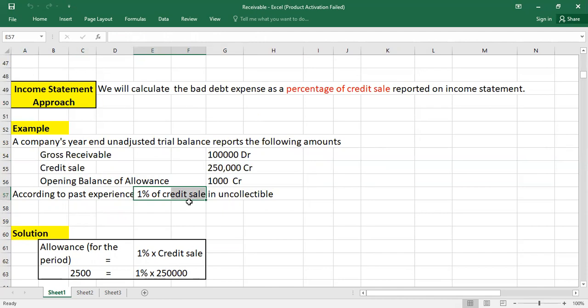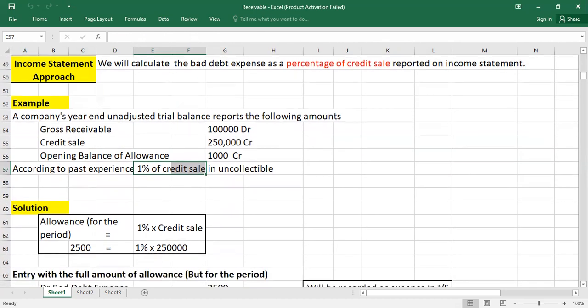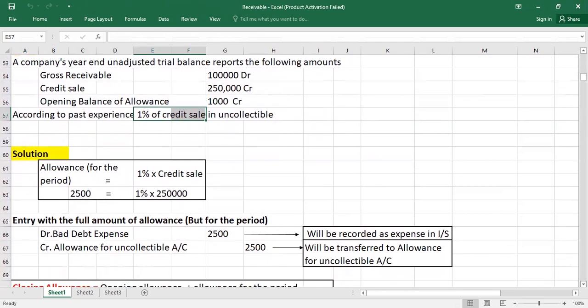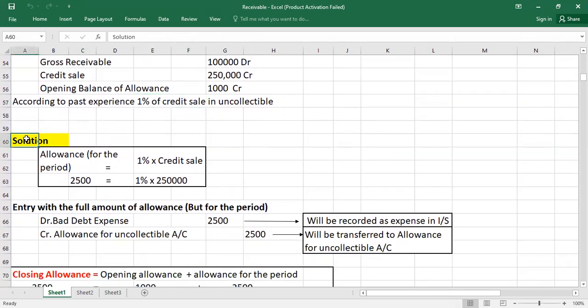Sometimes the examiner will not tell you whether it is the balance sheet approach or the income statement approach, so you have to determine it by reading the question data. As this percentage is applicable on credit sales, it means it's an income statement approach. Now, how will we solve the scenario? Here is the solution. First of all, we have to calculate the allowance for the period, which is equal to 1% of the credit sales.